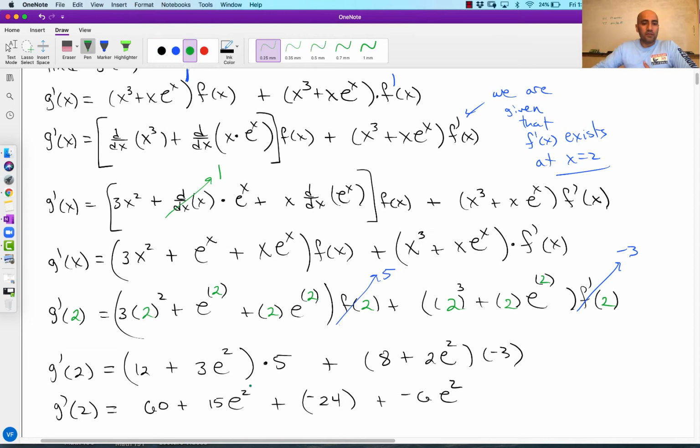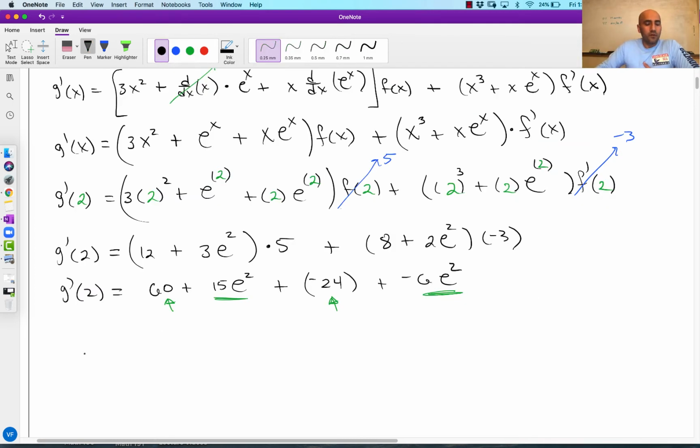And then, of course, these two combine, and the constants combine. And so my final answer is g prime of 2 equals, combining the constants, 36, and combining these, plus 9e squared. So there's my answer.